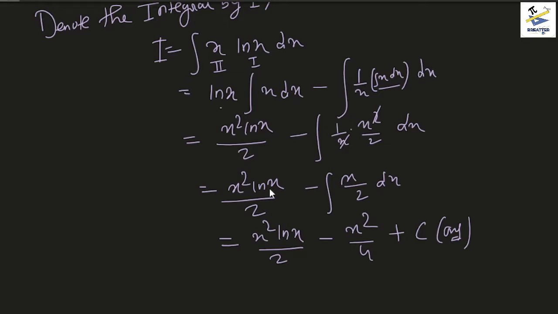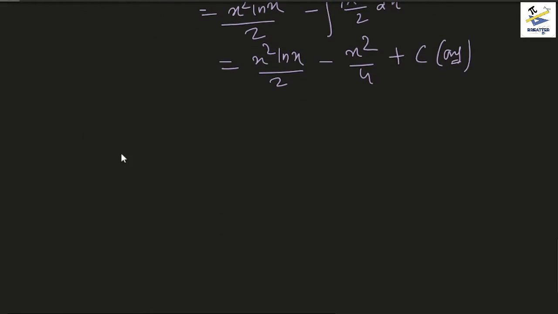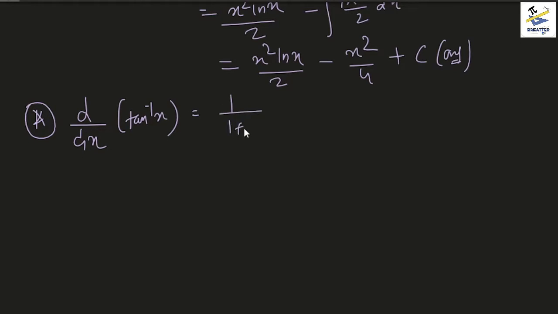So let us try to find out some more problems. For the next problem, what we do need is this: d/dx of tan inverse x is equal to 1 by 1 plus x square.